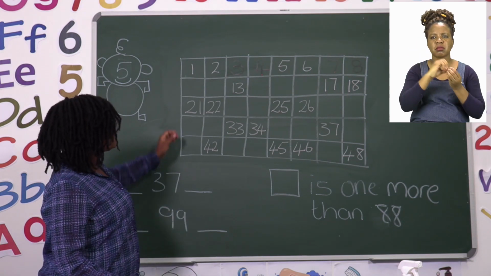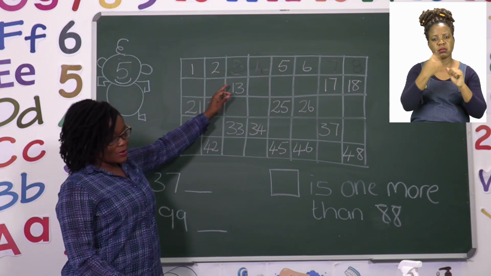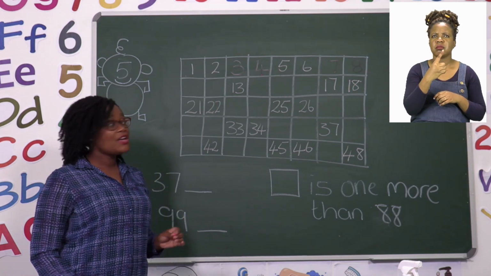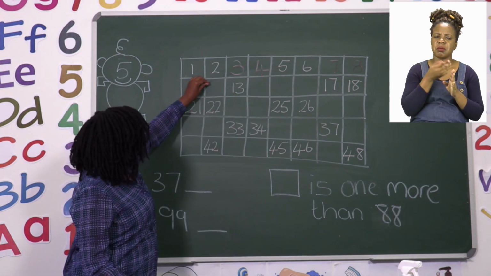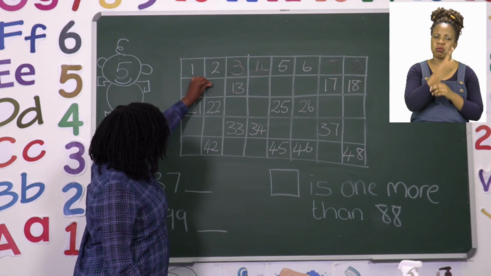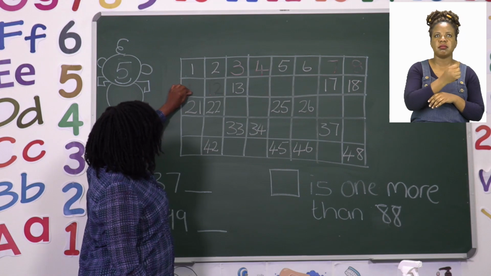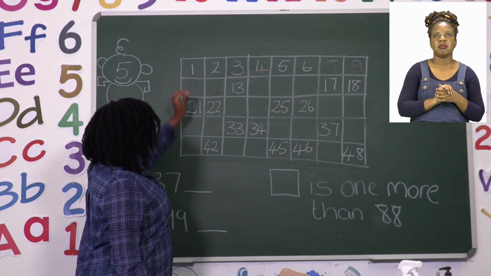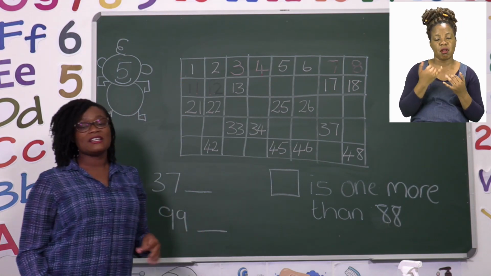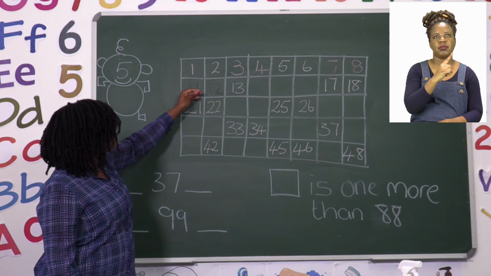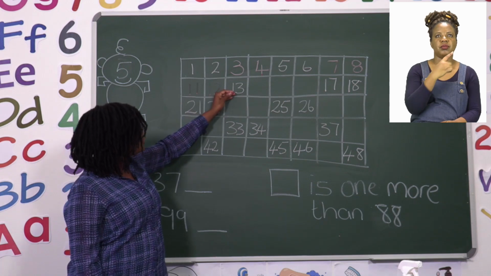Let's go to the next row. We only have 13, so we need to count forward. So in front of 13, we have the number 12. And in front of 12, we have the number 11. Now we can continue counting forward. We are going to say 11, 12, 13.